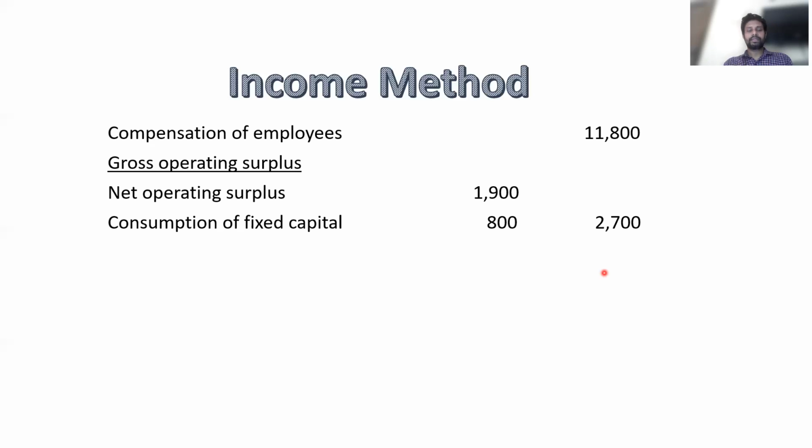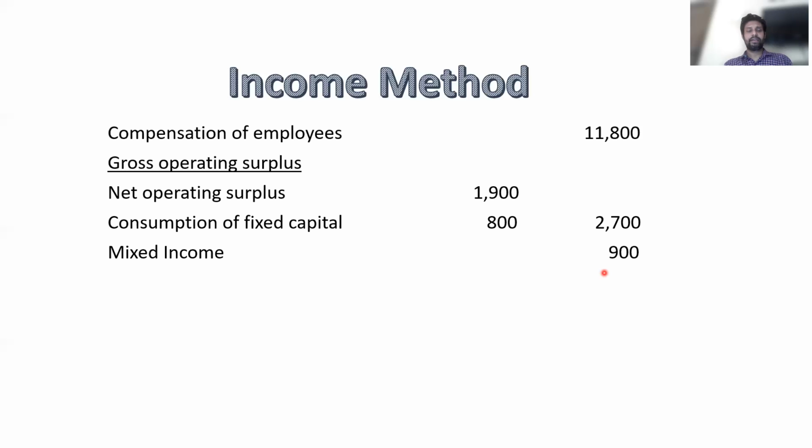So net operating surplus plus fixed capital, in other words, consumption of fixed capital or depreciation. Then mixed income. Before the mixed income, we can add some more income sources like rent, even interest. We can add under net operating surplus.